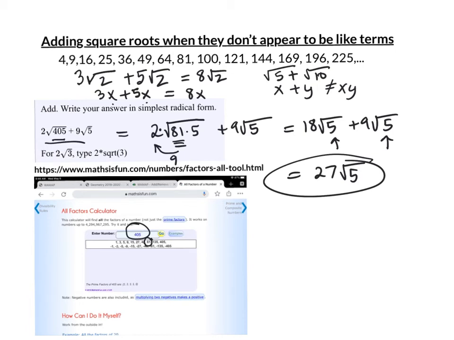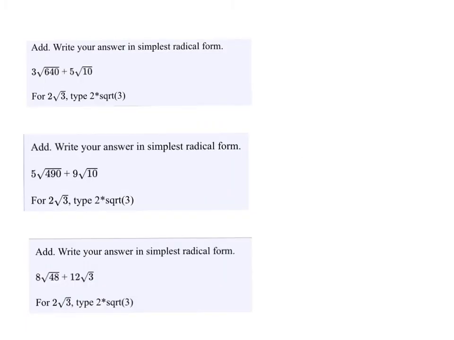I'll do a few more examples right from your assignment right now. Take a look at these questions. These, at least some of them, are a little bit more obvious because the perfect square is hidden in the number. Remember that list on the previous page is the important list.